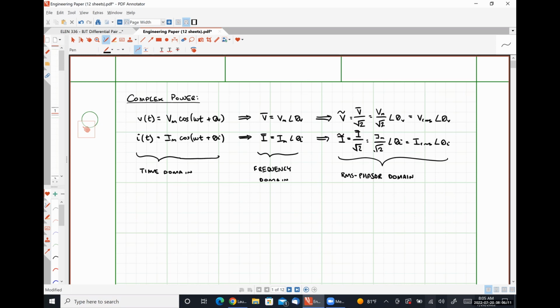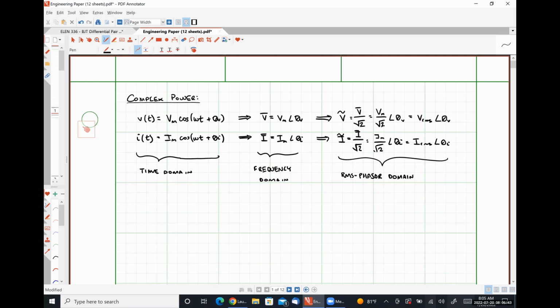One great thing about the RMS phasor domain is that it has the exact same impedance relationships as the frequency domain that we've been working in for the last several class meetings. So really the only thing we need to look for is whether or not our voltage signal is expressed in terms of volts, in which case we know it's in the frequency domain, and we need to convert it to the RMS phasor domain by dividing the magnitude by the square root of 2.